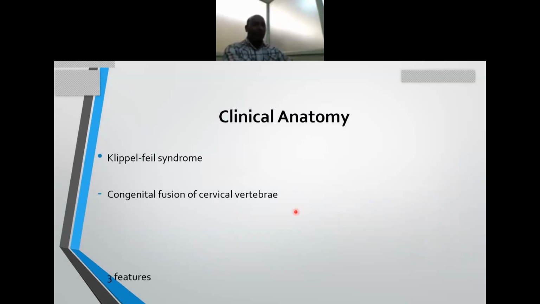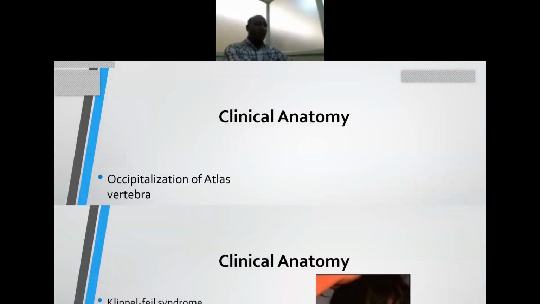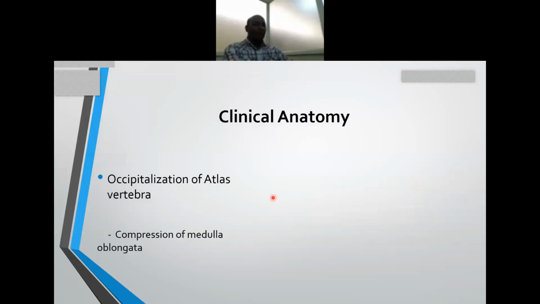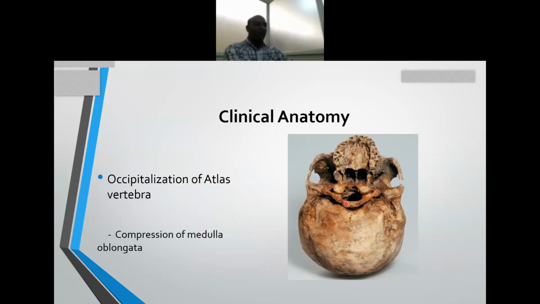Klippel-Feil syndrome is a congenital fusion of the cervical vertebrae, which is characterized by short neck, low hairline, and restricted movements. The atlas can be fused with the occipital bone, or it can be fused with the axis also. When it is fused with the occipital bone, it may cause compression of the medulla oblongata.